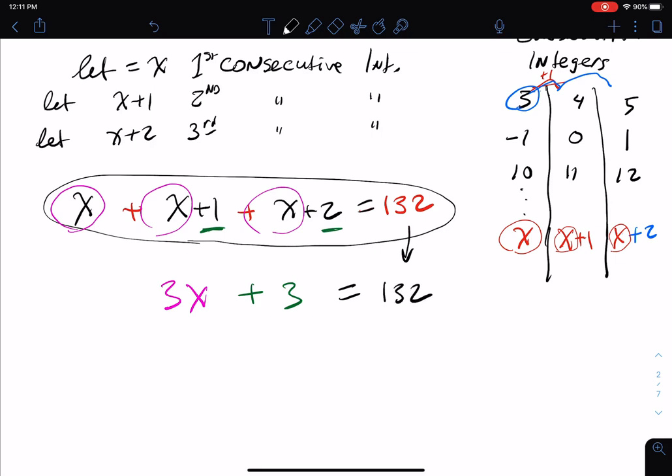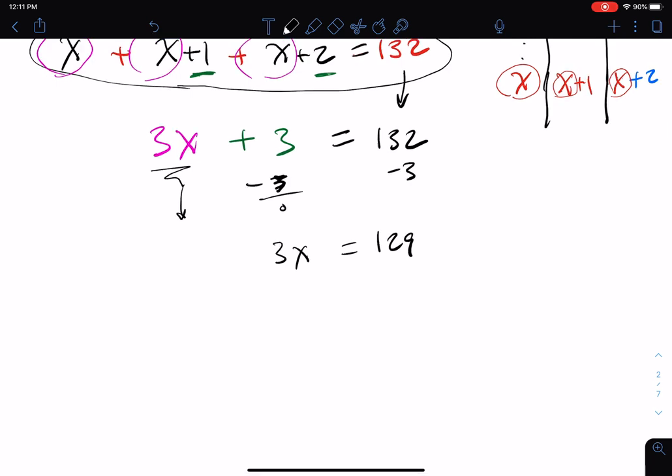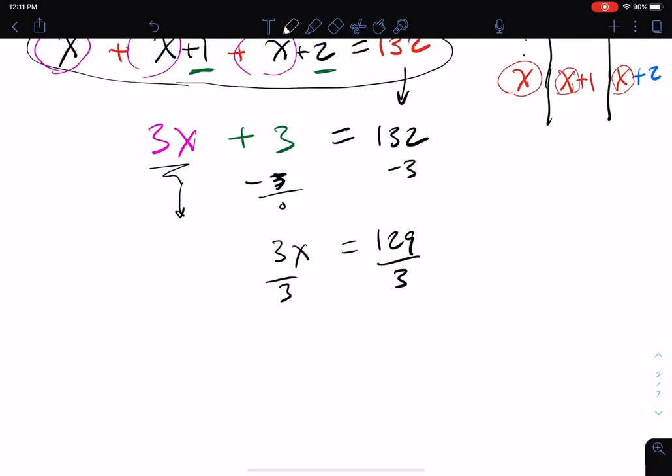So that is our equation simplified; we simplified the left by combining like terms. Now all we need to do is solve the equation. Subtract 3 from both sides. It zeroes out on the left, and on the right we've got 129. We still have our 3x. Continuing to solve, we divide by 3 to isolate the x on both sides. This gives us x equals 129 divided by 3, which is 43.